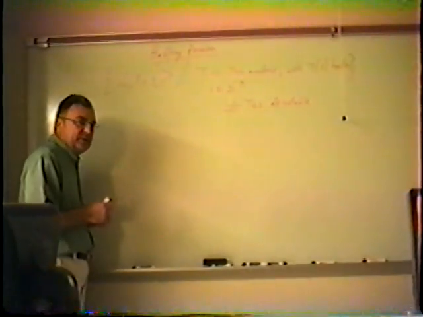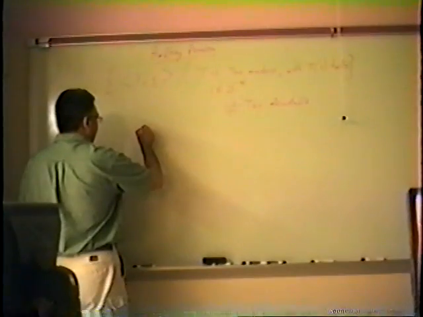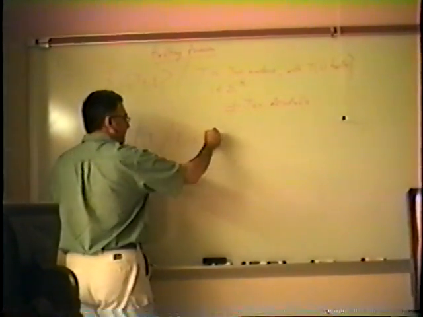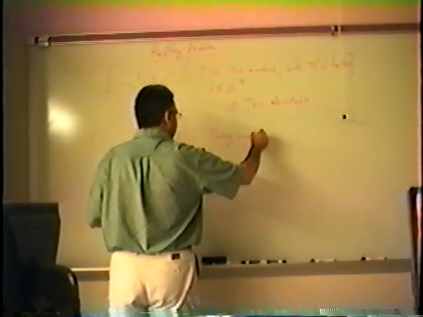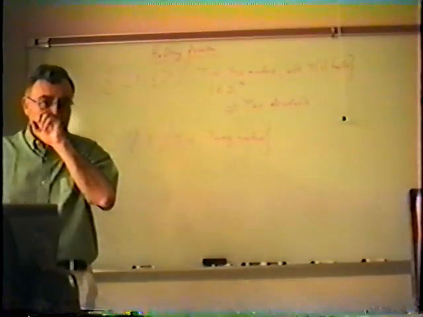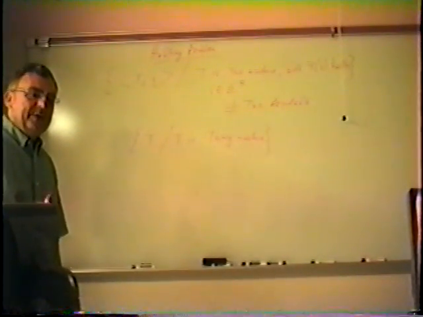So the set of Turing machines, is this countable or uncountable? It's countable. I can place them in order: Turing machine 1, 2, 3, 4, and so on. Why is that countable?